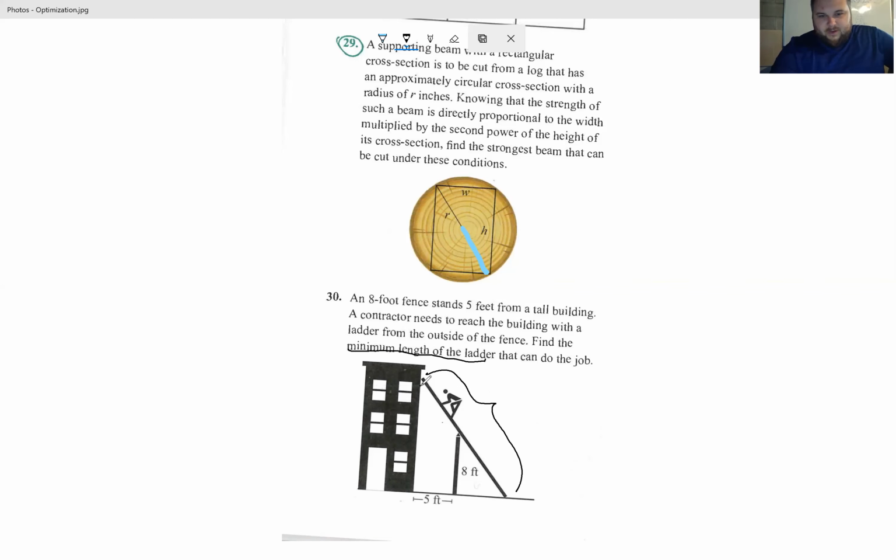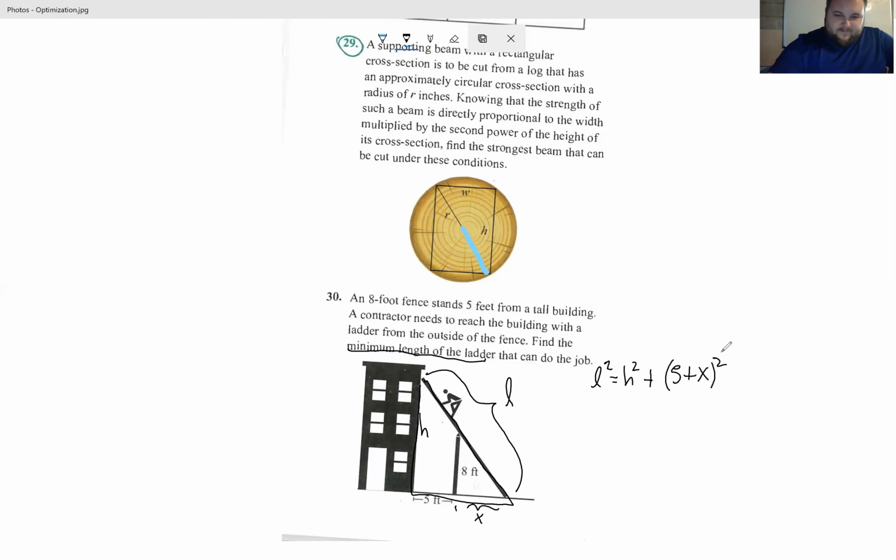Let's start with this triangle. I'm going to call this the height, and I'm going to call this the length. Because we don't know this little section, I'm going to call it X. So that would tell me that L squared has to equal H squared plus 5 plus X squared.